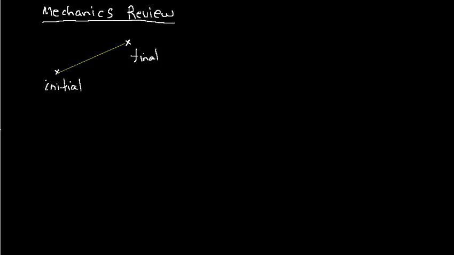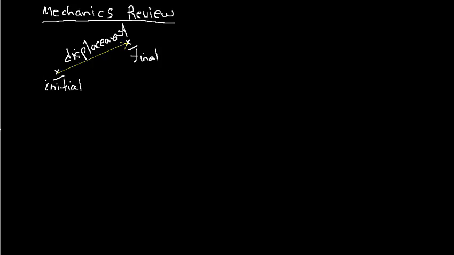So it went from initial to final, and this is going to be our displacement vector here. So we say it was displaced. There's the displacement. It's a vector quantity, so it's showing you where it started, right here, and where it finished.